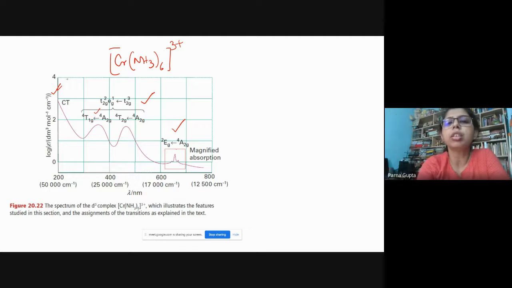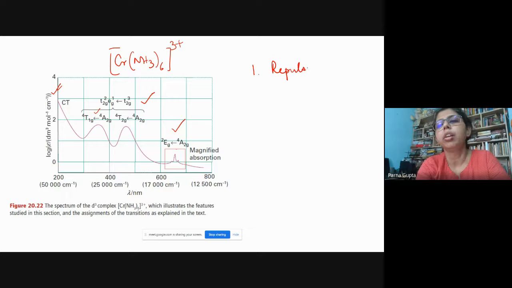So first we will read this repulsion, and then we will go to the transition, and for this transition you have some selection rule.